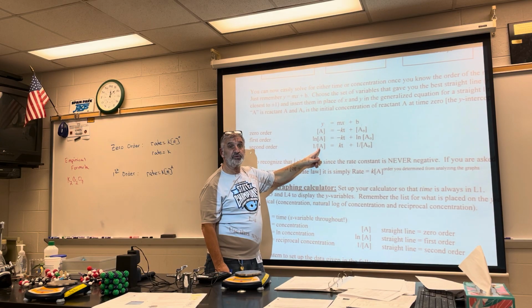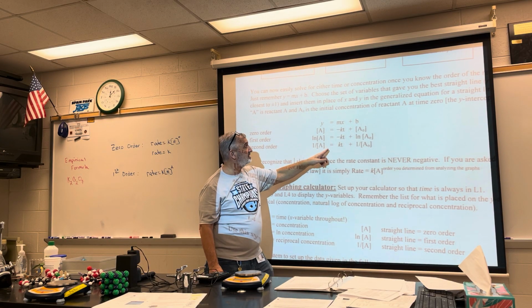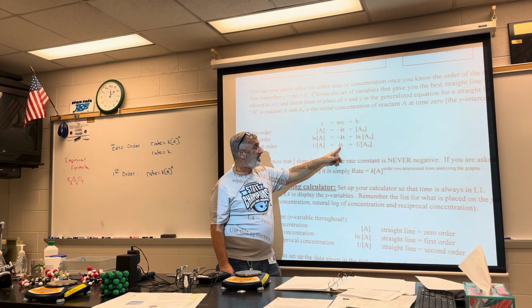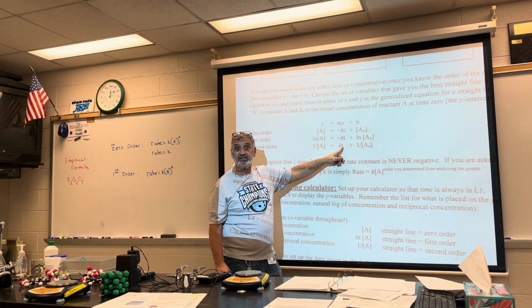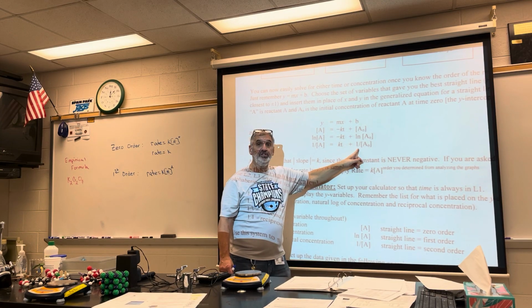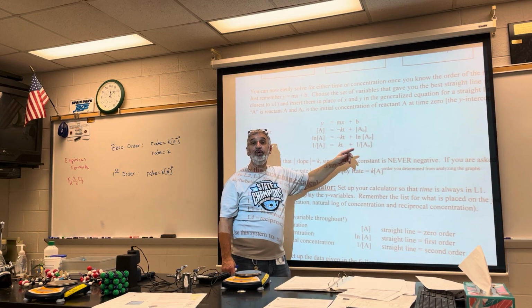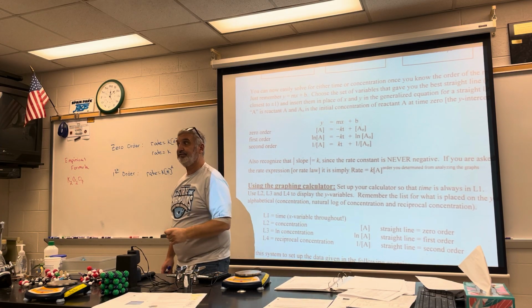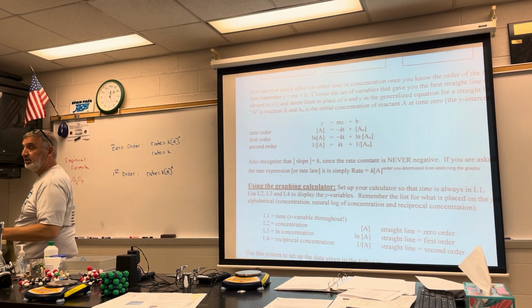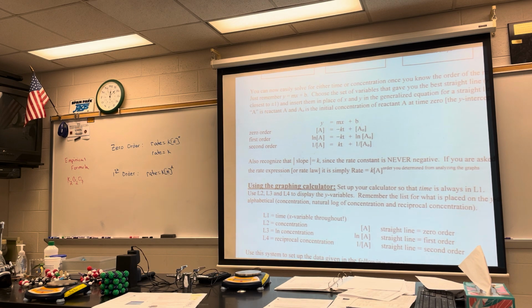If it's second order, it's 1 over concentration, versus time, mx. So time is always going to be your x-axis, and then your B is where it crosses your y-intercept. So we can determine graphically from the integrated rate law whether it's a zero, first, or second order just by which one's a straight line.